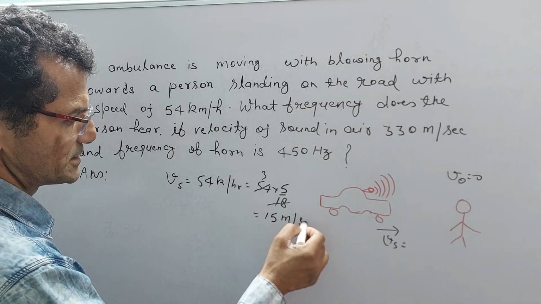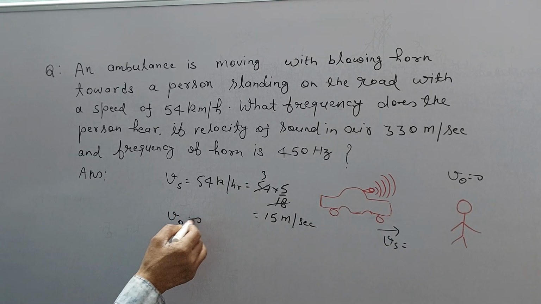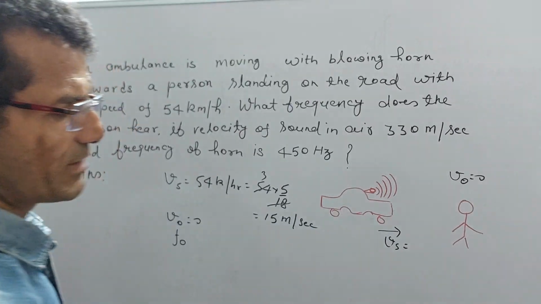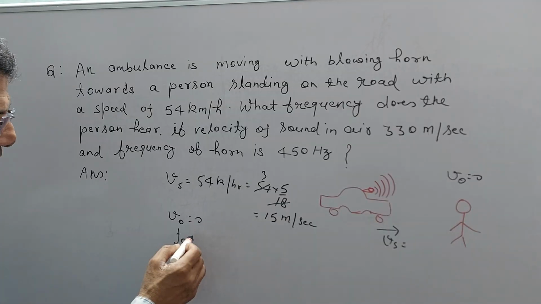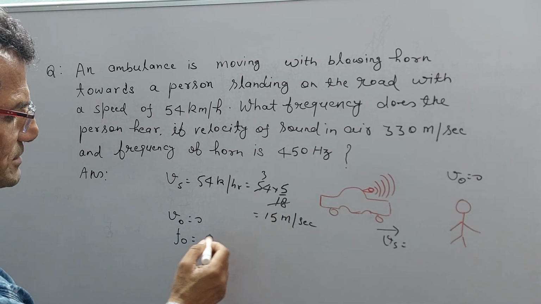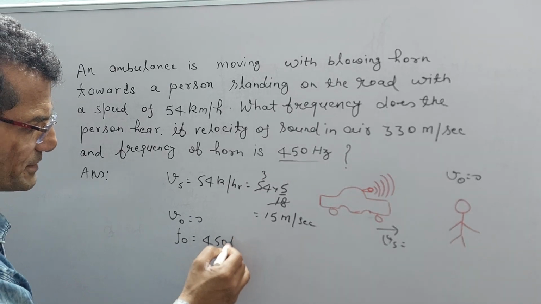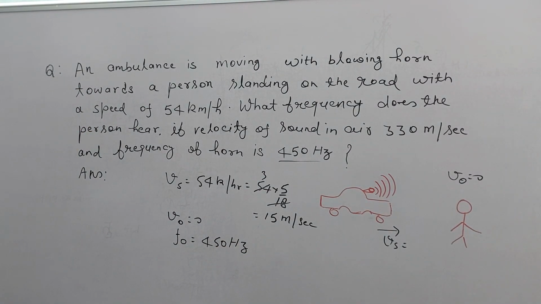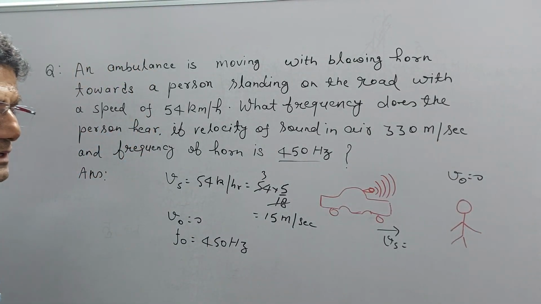This is the conversion method, and the velocity of the observer is at rest, and the original frequency of the horn made by the source is 450 hertz.